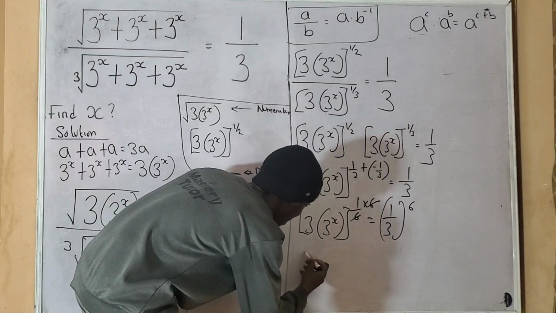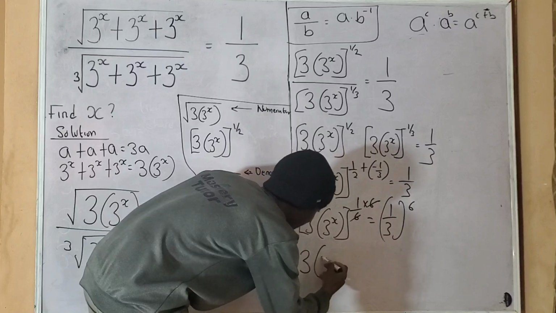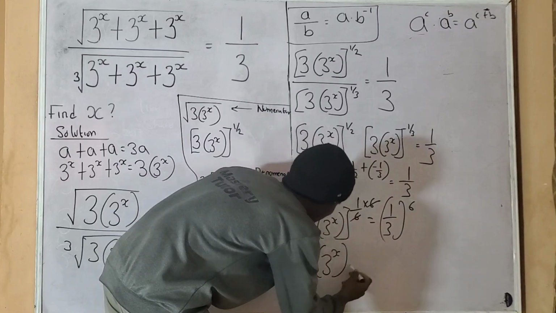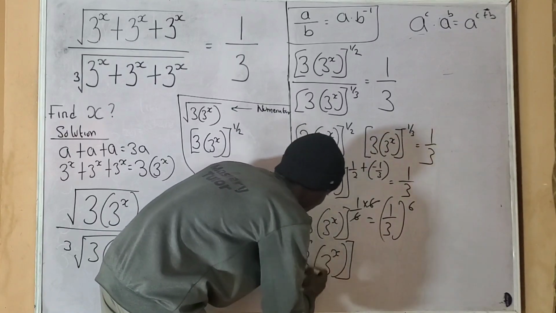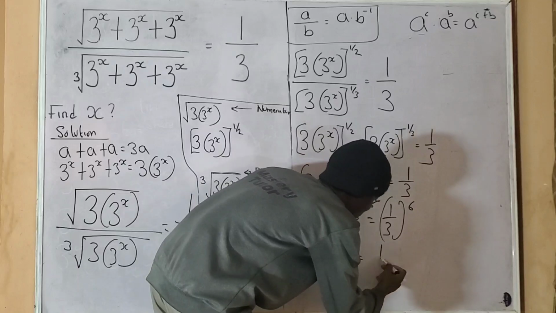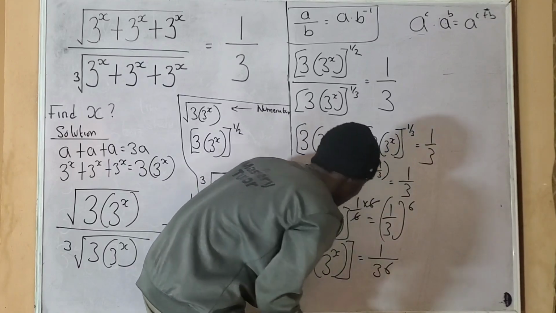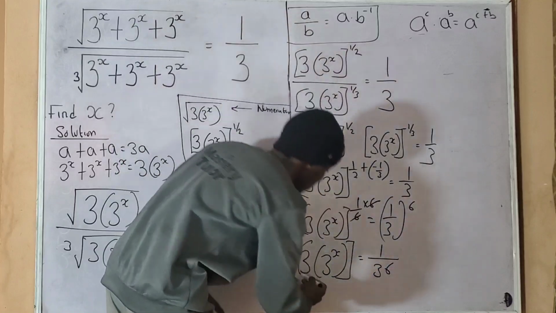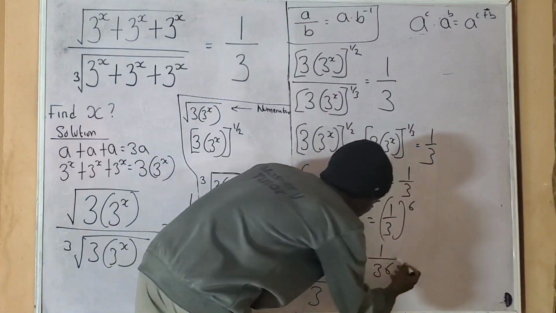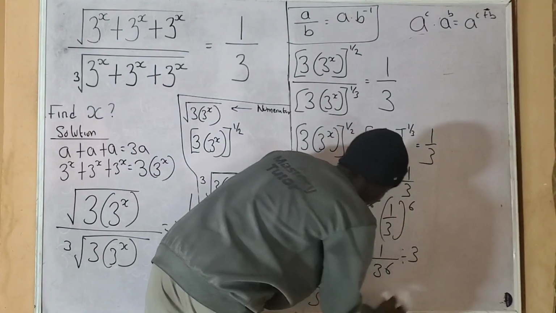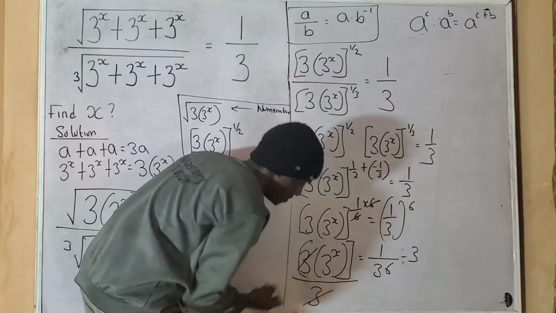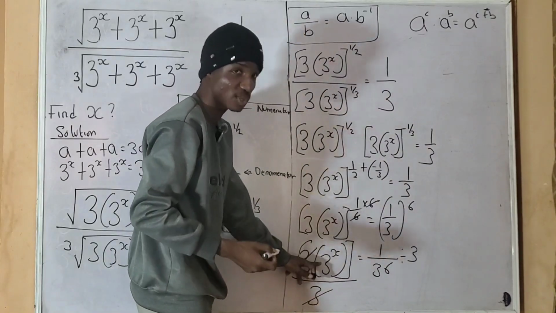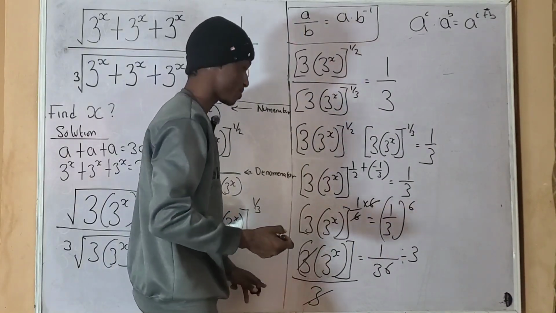So we are going to have 3 multiplied by 3 raised to the power of x is equal to 1 over 3 raised to the power of 6, right? Now the next step is that you have to divide both sides by 3. So I'm going to have this over 3 and also this over 3. Do you understand? So this will eliminate this. I'm left with 3 raised to the power of x on the left-hand side of the equation.